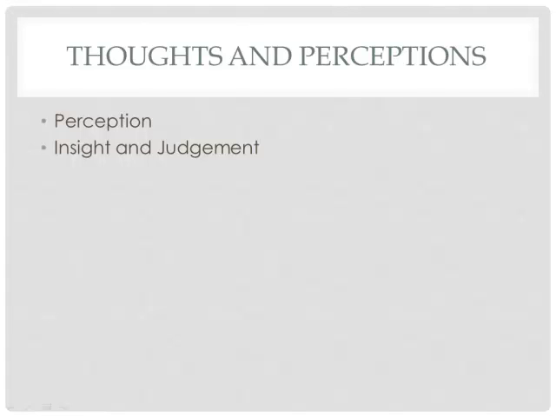The other thing that we assess is insight and judgment. Insight is whether people are able to identify themselves and their flaws and their issues. Can they identify that they might have a problem? And insight, I think, extends a lot further than mental illness.